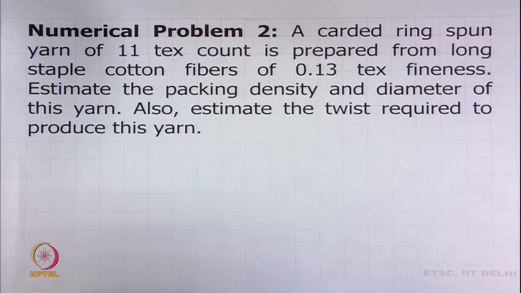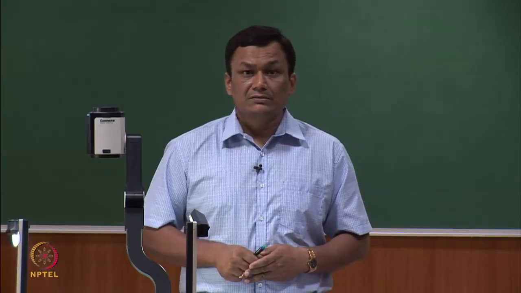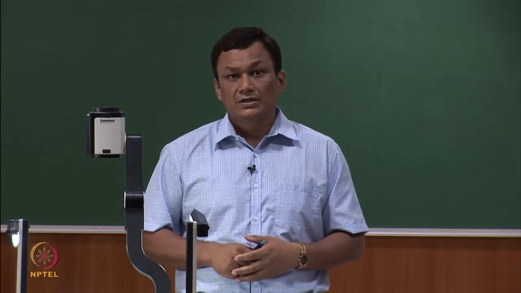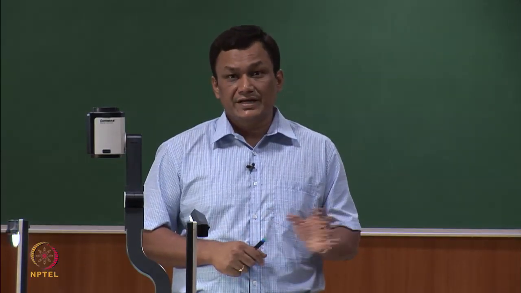Numerical problem 2. A carded ring spun yarn of 11 tex count is prepared from long staple cotton fibers of 0.13 tex fineness. Typical practical problem. We have to produce a carded ring spun yarn, count of that yarn is given 11 tex.